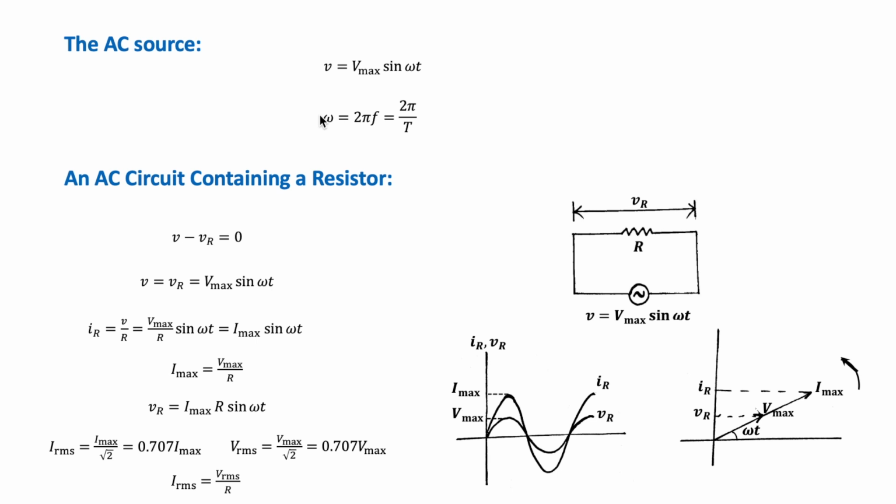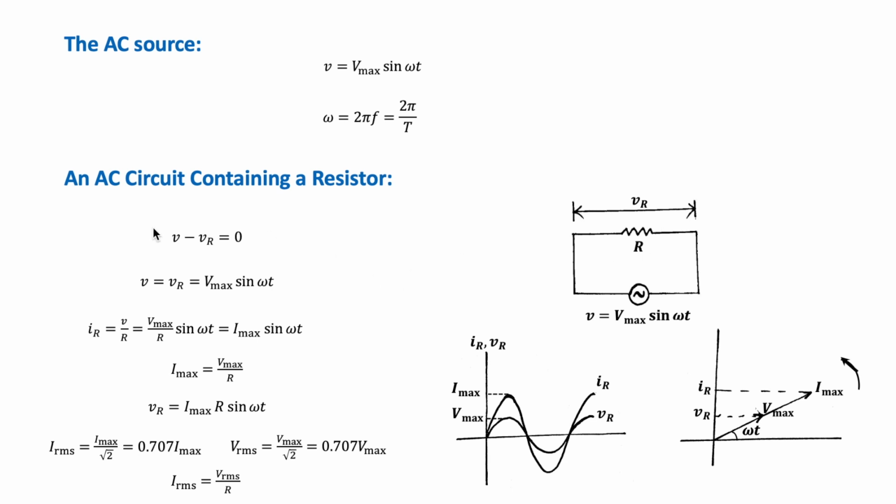So our aim in the following slides is that we want to find the amplitude and phase constant of the current in the circuit if we know the voltage amplitude and frequency, and also if we know the value of R or C or L, okay?